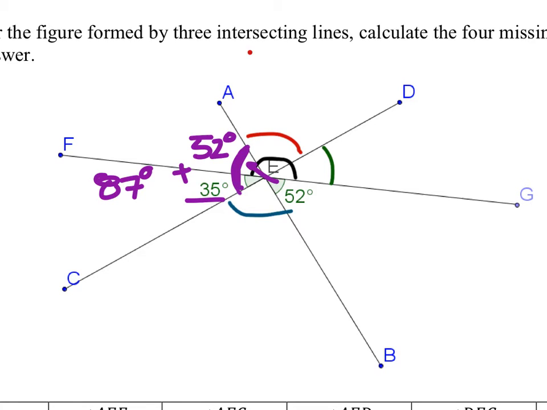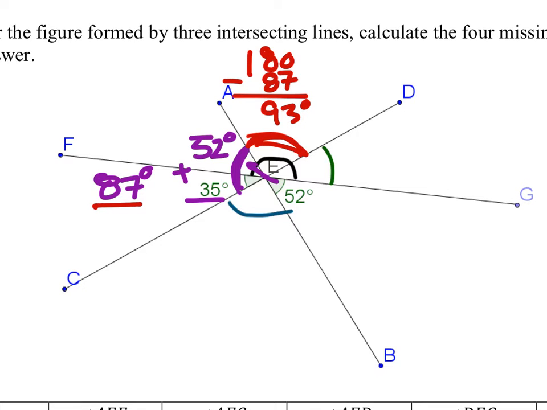So I can take 180 and subtract the 87, and I would get 93 degrees on this red angle. This was a straight line, a supplementary relationship with those other two. So instead of making it three angles, I made it one big angle, which was the 87 degrees.